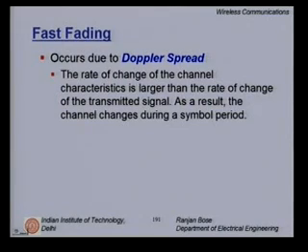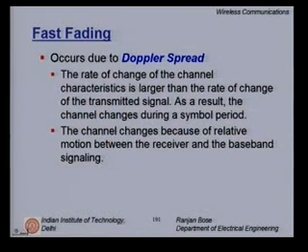As a result, the channel changes during a symbol period. So, the same symbol may undergo a different kind of fade at the start of the signal, and by the time the symbol duration is over, the fading characteristic has changed. So, inherently this kind of symbol can overcome parts of fading.